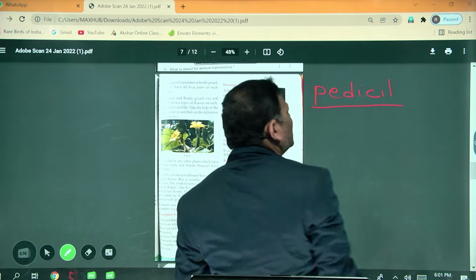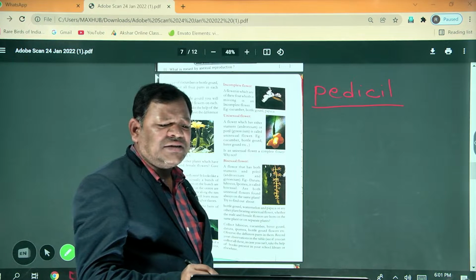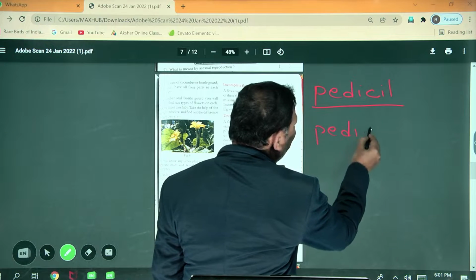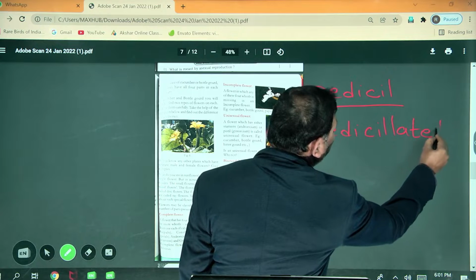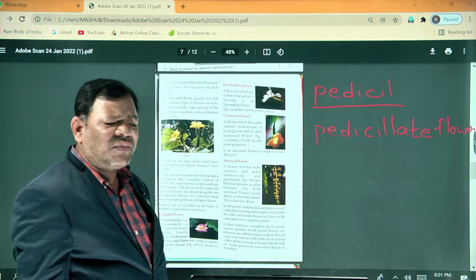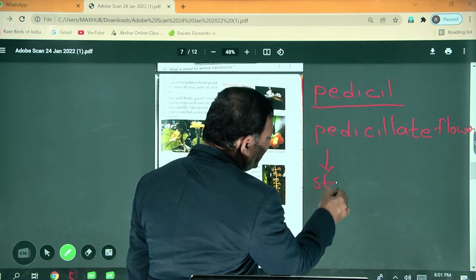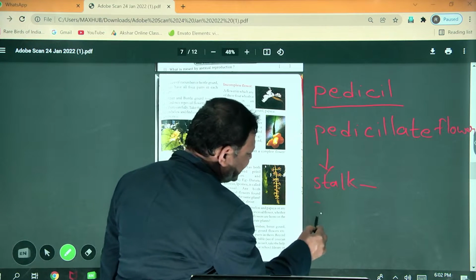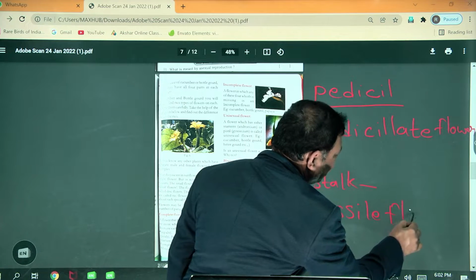Flowers in which the pedicel is present are called pedicellate flowers. Flowers in which the stalk-like structure is absent are called sessile flowers.